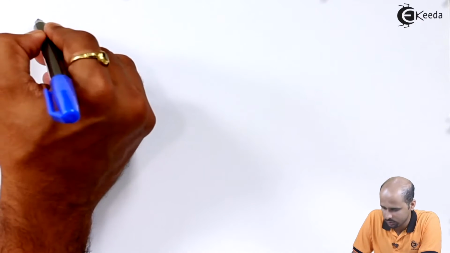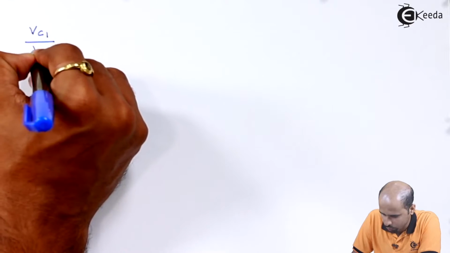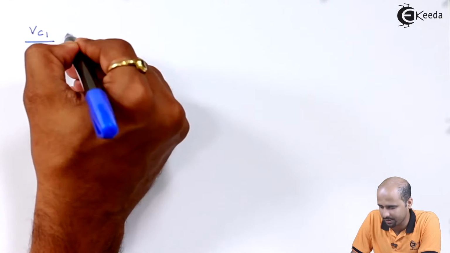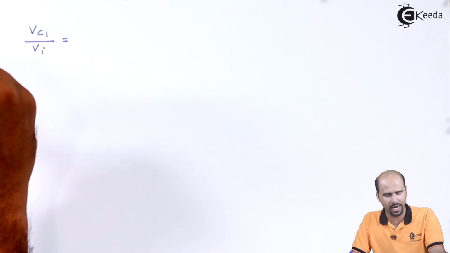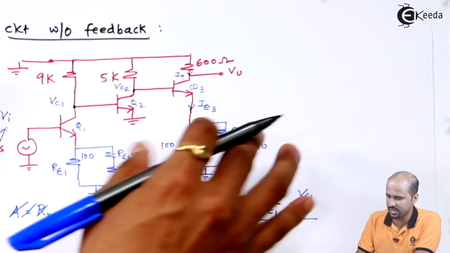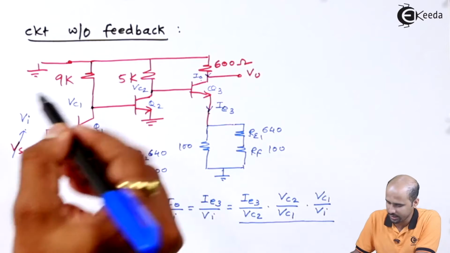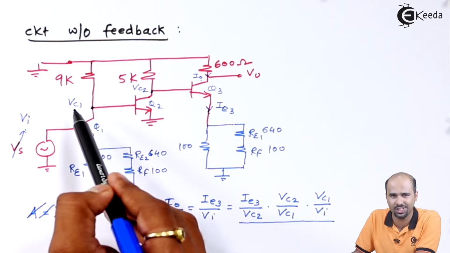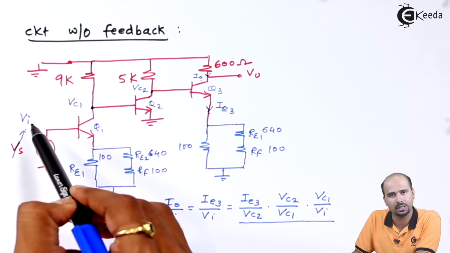Let's calculate the value of VC1 with respect to VI, and that is nothing but the gain of the single stage amplifier. If we look at this particular gain of the single stage amplifier, and we form the AC equivalent circuit, then what we will be getting is the value of GM1 multiplied by this particular 9K.